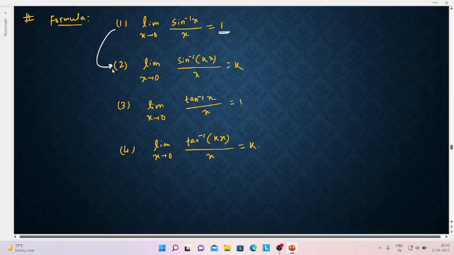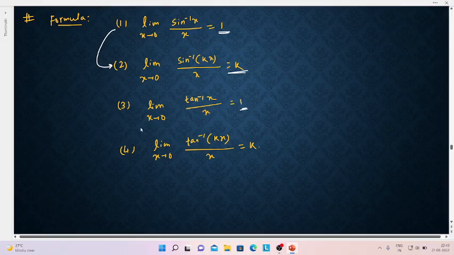So you know what the value of limit x tends to 0 of sine inverse kx over x is? We have to multiply by k and divide by k, so it will become only k. I did the actual proof. Also, limit x tends to 0 of tan inverse x over x is nothing but equal to 1.